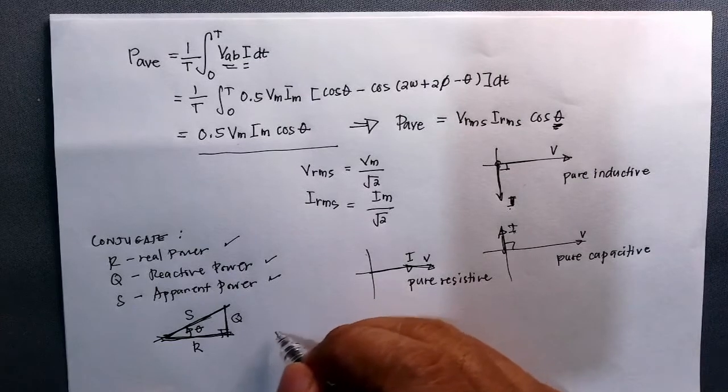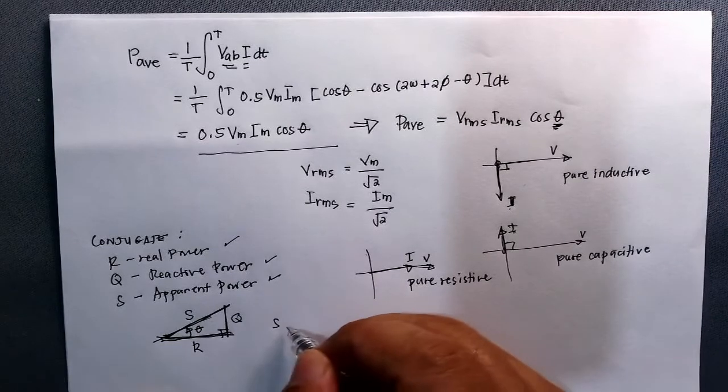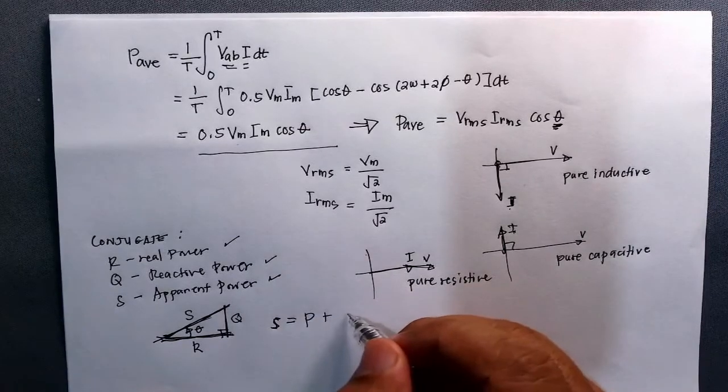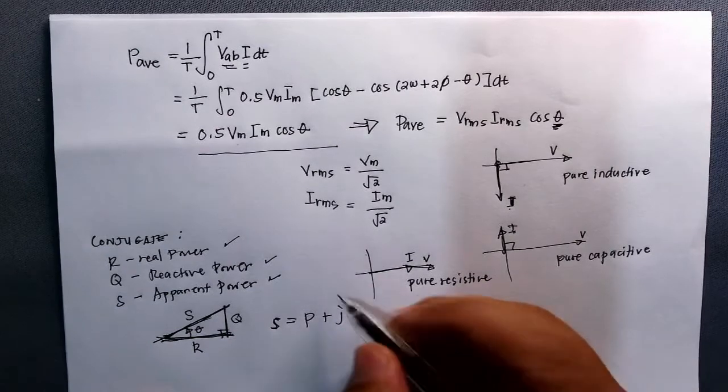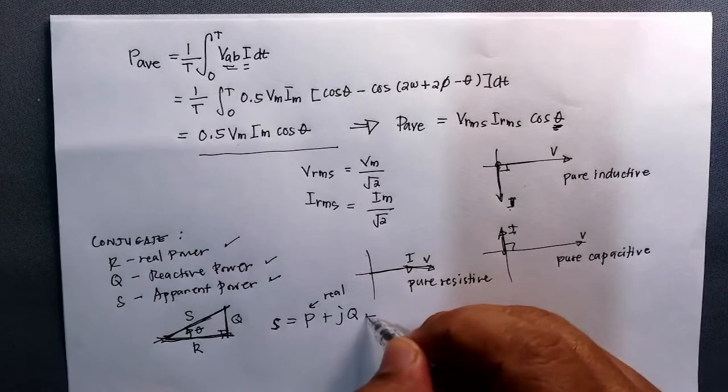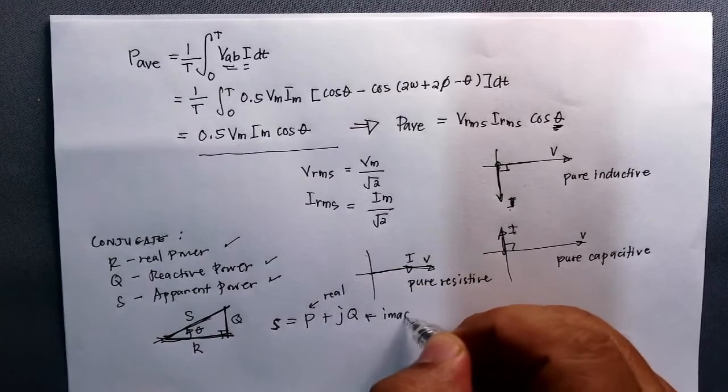So we know that S is equal to P plus jQ, where P is the real part and this one is the imaginary part.